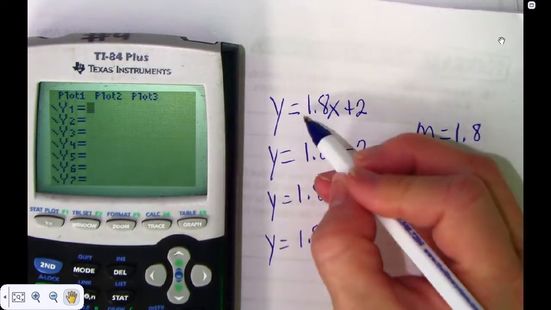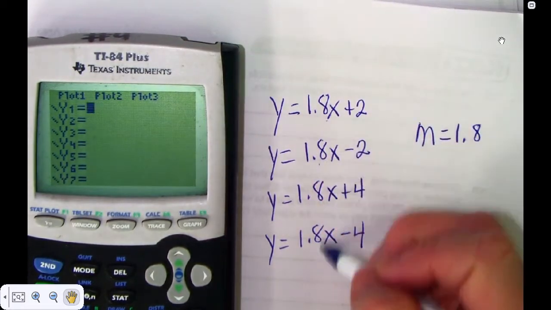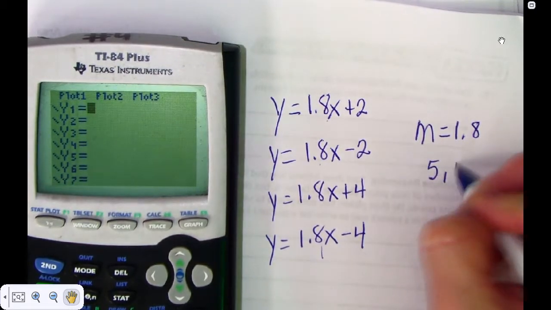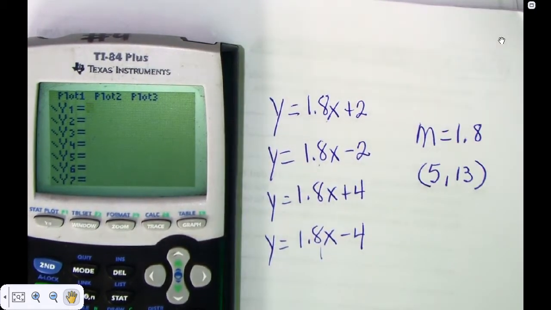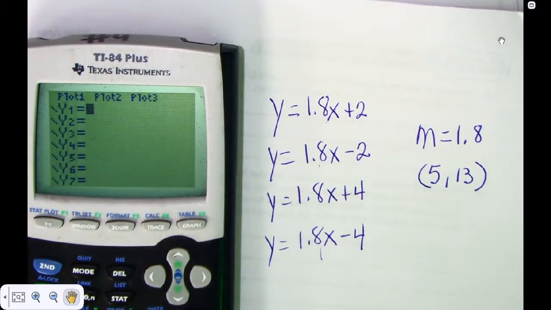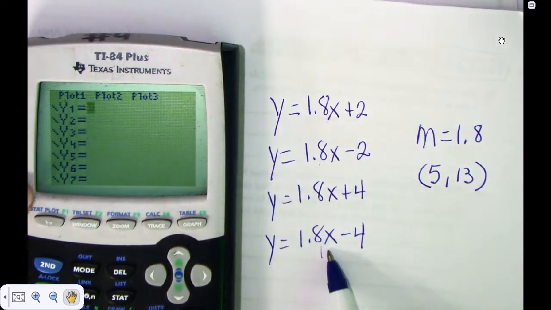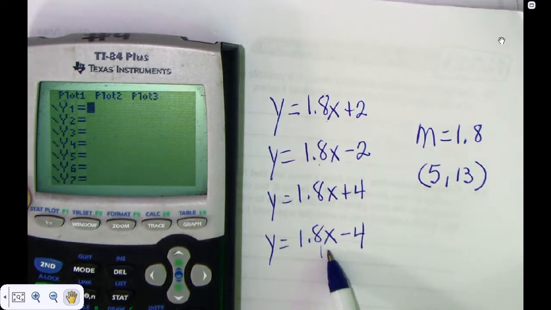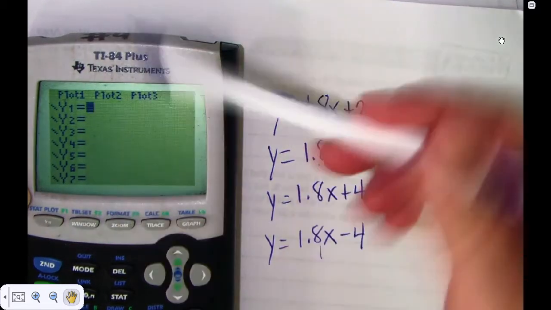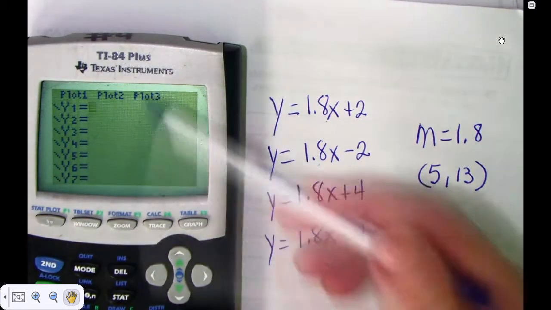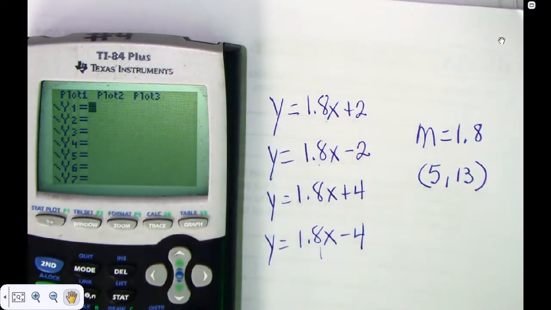Hey, do I already have slope is 1.8 on all of them? Yes, I do. And it goes through this point right here, (5, 13). Stop. I have not said to do anything yet. So we're going to type in all these equations straight down. Thanks to Daniel, he showed me that if we just type them all in, I was doing them separately, but he typed them all in at one time, and it makes it a little easier.